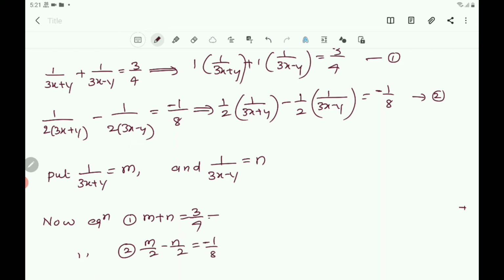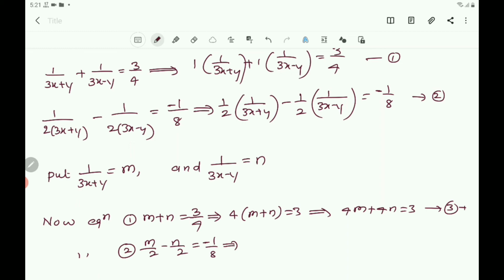To have the required space, let us write small. So here you do the cross multiplication, that becomes 4 into (m plus n) equals 3. That implies 4m plus 4n equals 3. Now you consider this is equation 3.